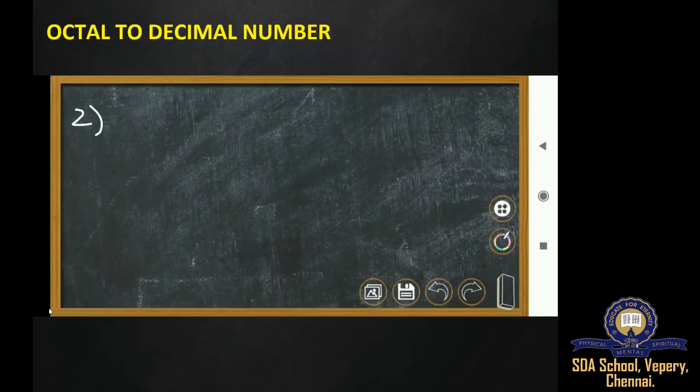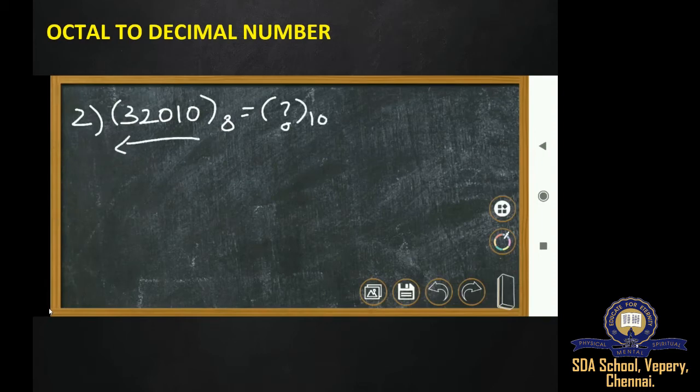What is the second question? 32010. This is the octal number. We are going to find the decimal number. What is the first step? We are going to write from right to left hand side: 0, 1, 0, 2, 3.